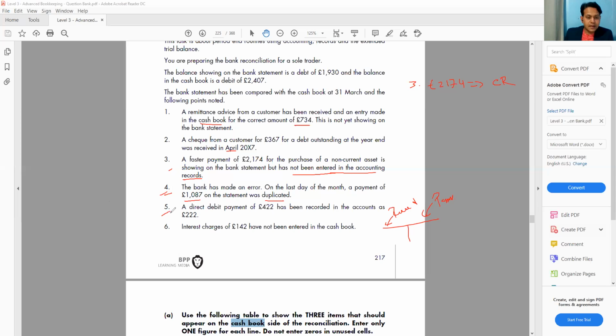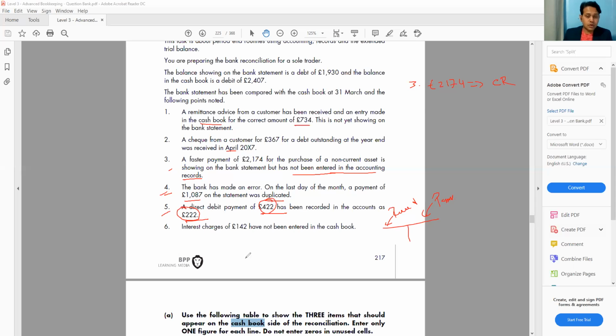Number 5, we have a direct debit payment of 422 that has been recorded in the account as 222. So there is a direct debit payment gone from the bank. The amount was 422, but in our cash book I recorded 222. So that is relevant, isn't it?